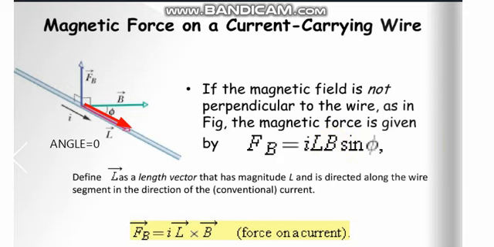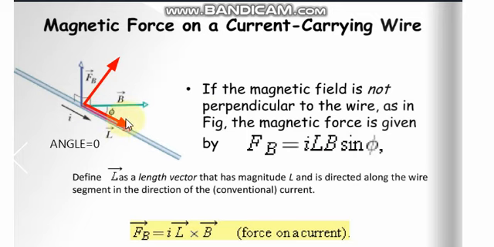But the force will be maximum if this angle is 90 degrees. That is, if this B is directed like this, perpendicular to the current carrying wire, then this force will be maximum.